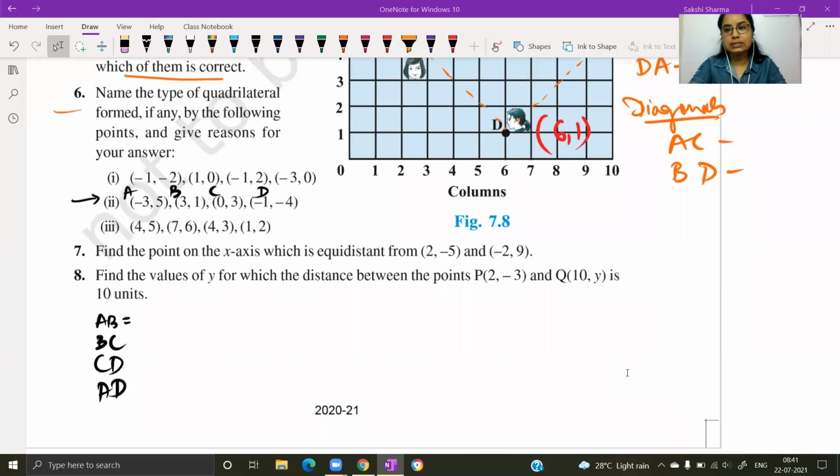Calculate and tell me what the answers are. AB under root comes out to 13.